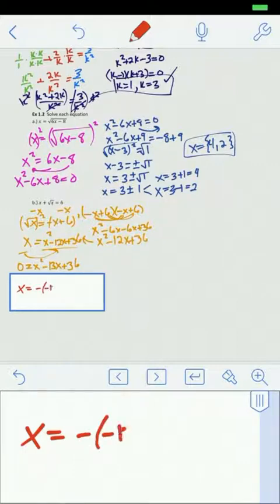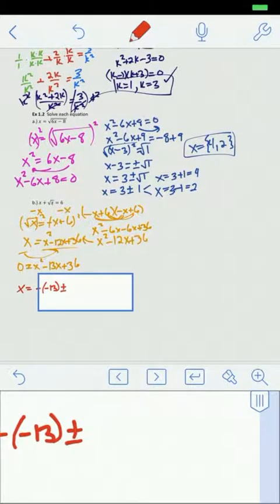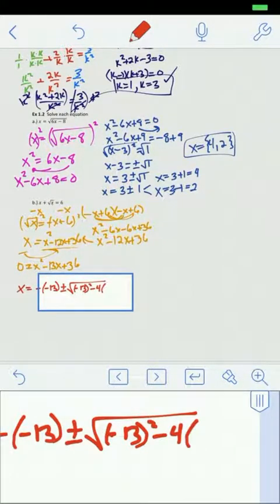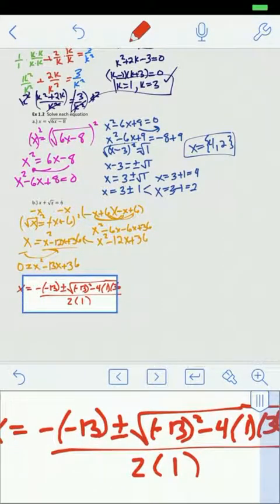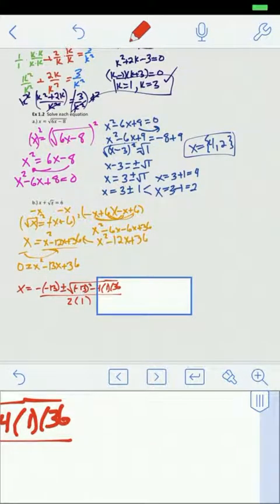minus b plus or minus square root of b squared minus 4ac, all over 2a, right? So you got to memorize quadratic formula if you're going to use quadratic formula.